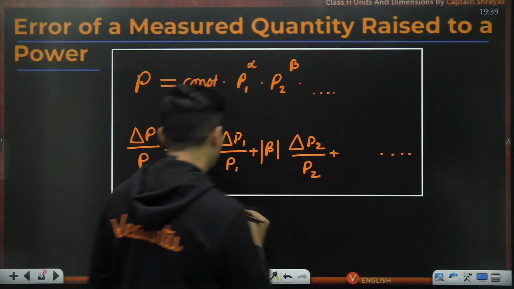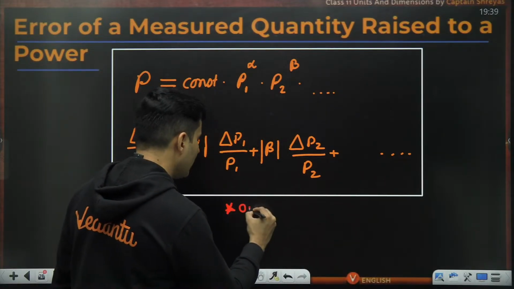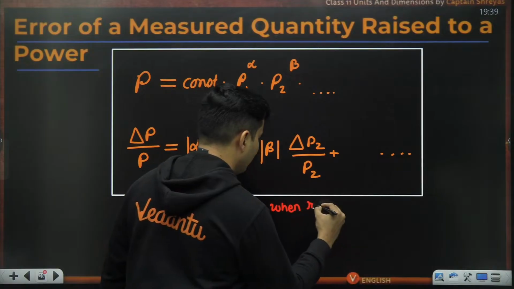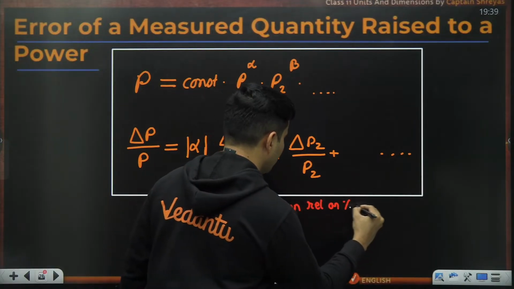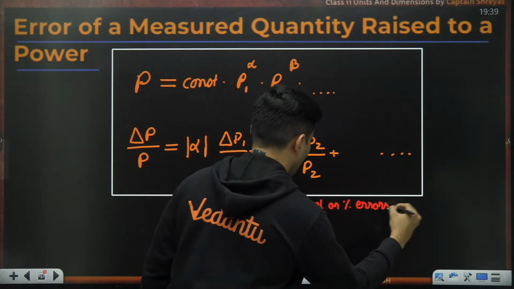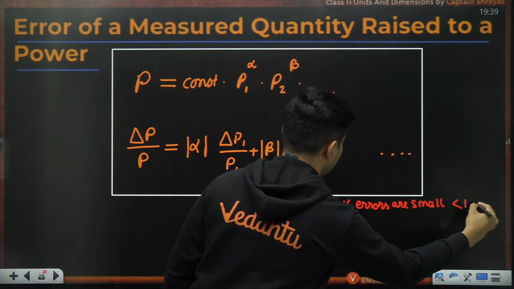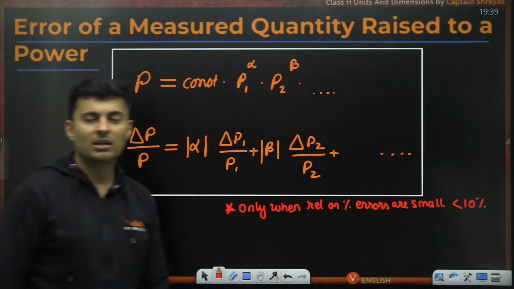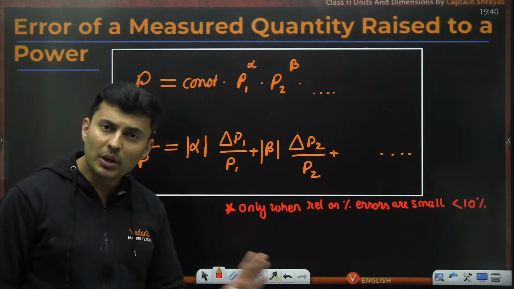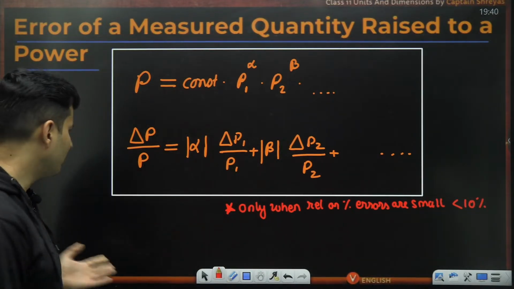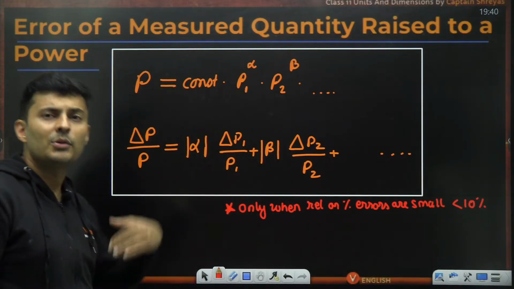This is only applicable when the relative or percentage errors are small, typically less than 10% error. Less than 10%, you can use this. Okay, 5%, 6%, 0.5%, 0.7%. But more than that, you have to do something else.